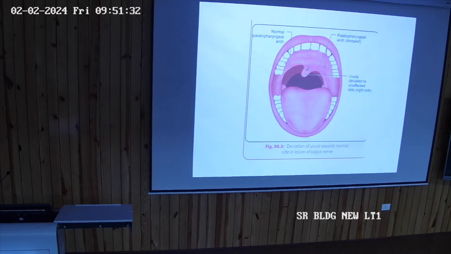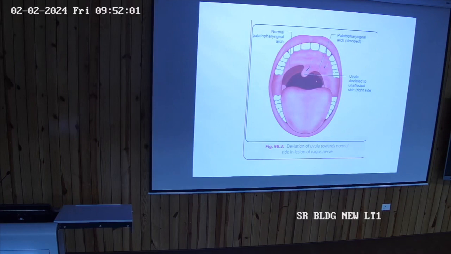Listen carefully, then you can look. See in the mirror yourself whether the vagus nerve is normal or not. In a normal person, the palatal arches are elevated in the midline. If there is paralysis of the vagus nerve, on the paralyzed side the palatal arch is downward.